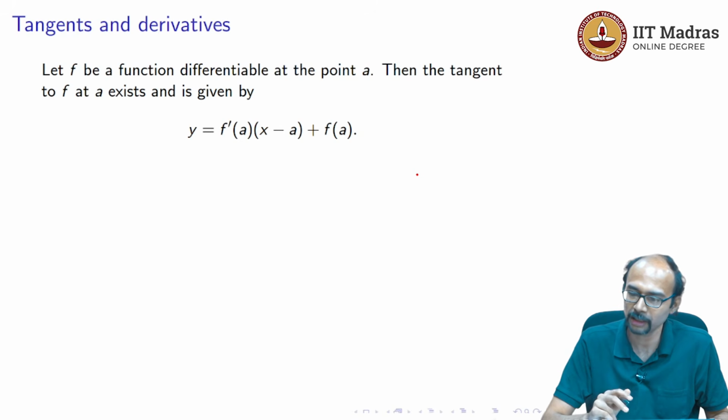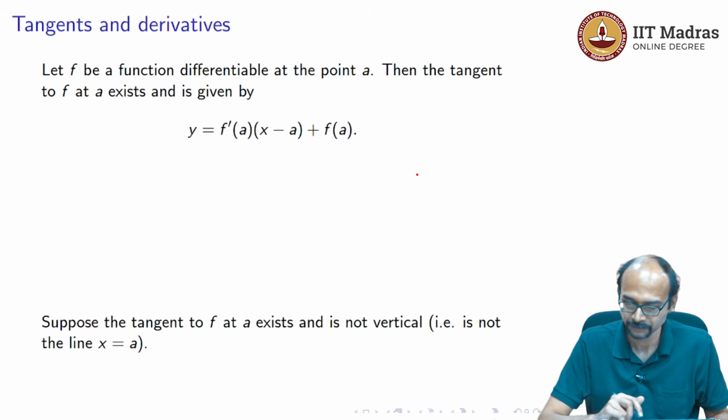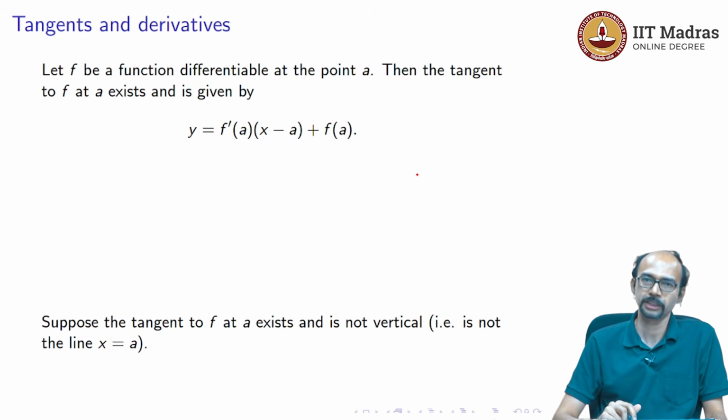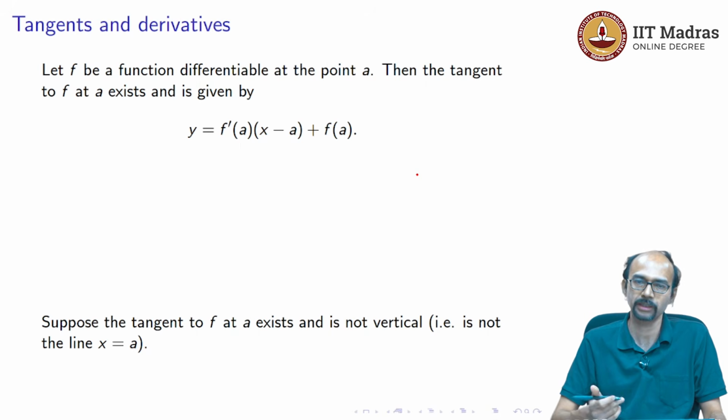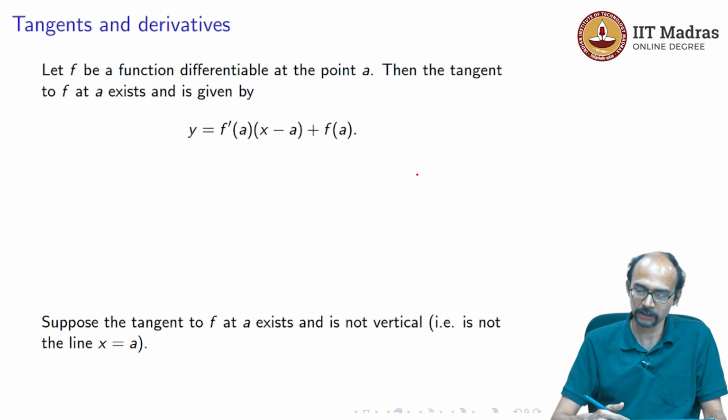So y is f prime a times x minus a plus f of a, right. And so this is saying that if the function is differentiable, which means that in the limit, that expression that we had has a limit, and that limit we have called f prime a, then the tangent exists and is given by this equation.